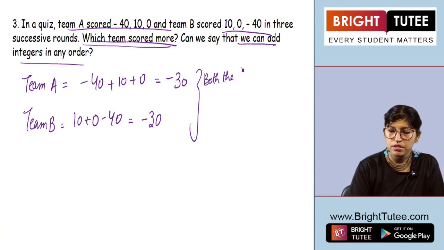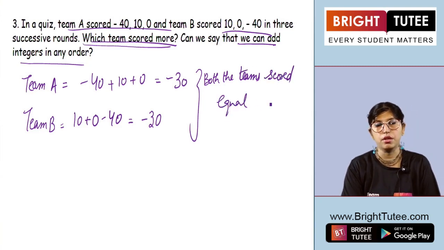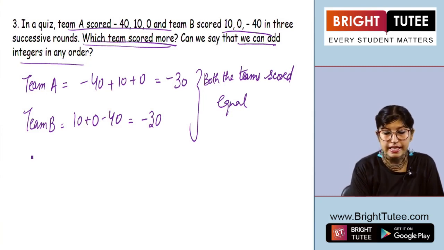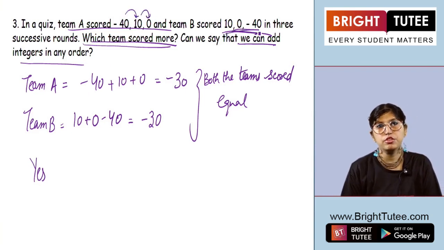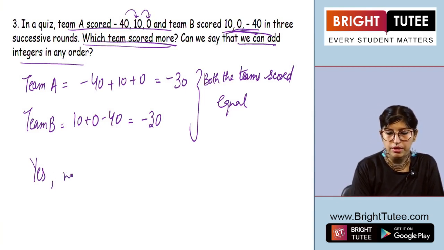Both the teams scored equal. Now they've asked, can we say that we can add integers in any order? Yes, we can say that, because we have seen that the order has been changed over here, but the final sum which we'll be getting is exactly same. So we can write it down. Yes, we can add integers in any order.